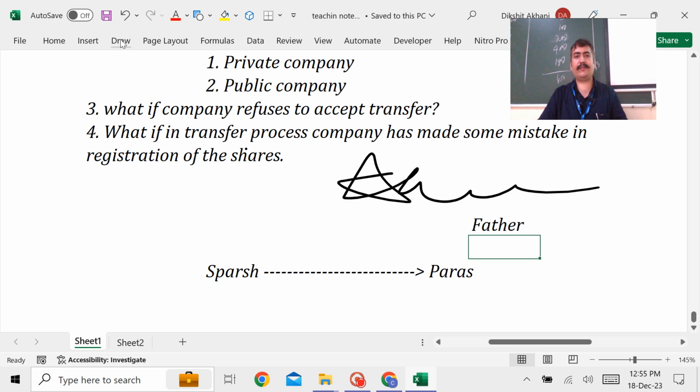Okay. So Sparsh goes to Paras's father and says, Uncle, uncle, you know me, right? I'm Paras. Sorry, I'm Sparsh, your son's friend. Your son told me that go to my father and get me 25,000. Uncle, please give me 25,000. Actually, your son wants to pay college fees.